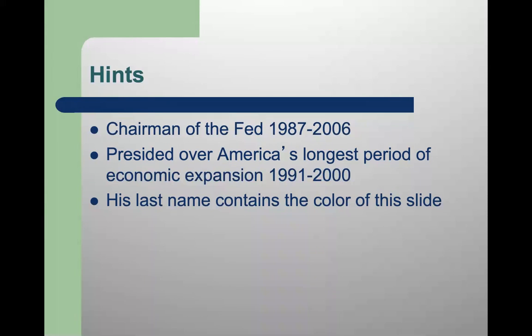His last name contains the color of the slide. Until about 2008, and in 2008, we had the Great Recession. Part of the reason for the Great Recession, not the only reason, but part of it, people look at the deregulation of banks over the period of time from 91 through 2000 and beyond, because banks were giving out loans in record numbers to people who were underqualified for those loans.